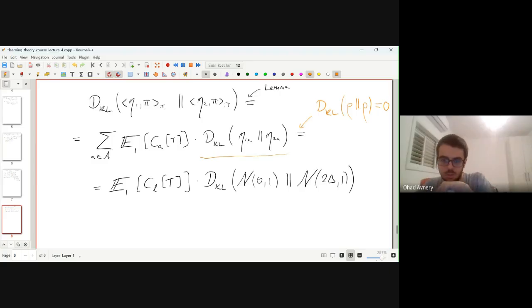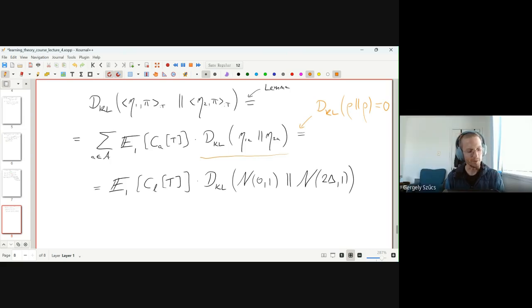I have another question. In week 2, when we defined utilities, we said that they take a value between 0 and 1. But now, if the bandits have a normal distribution, doesn't that mean that it can be outside of that interval? Yeah, so we put that assumption aside for now. But as I said, you could work this argument through for a Bernoulli bandit, for example, which would satisfy that assumption.